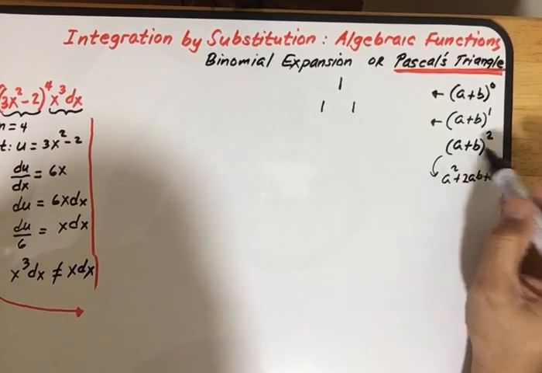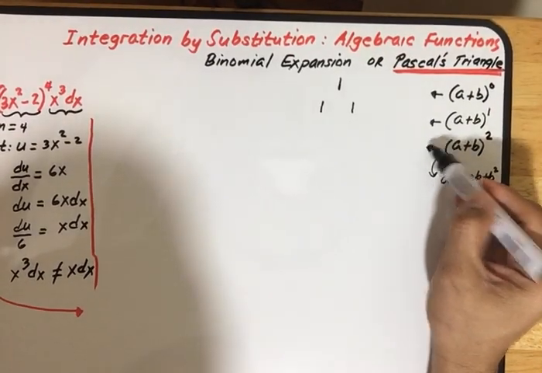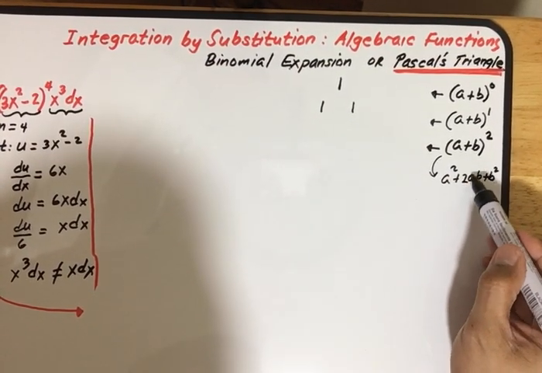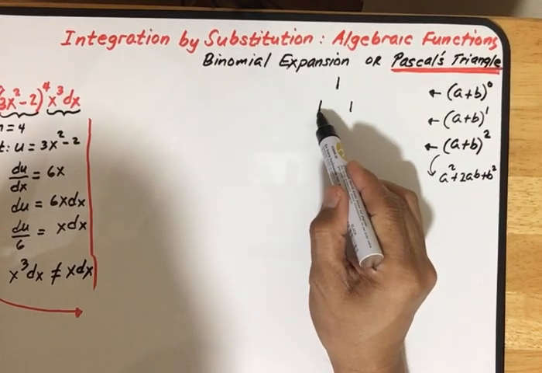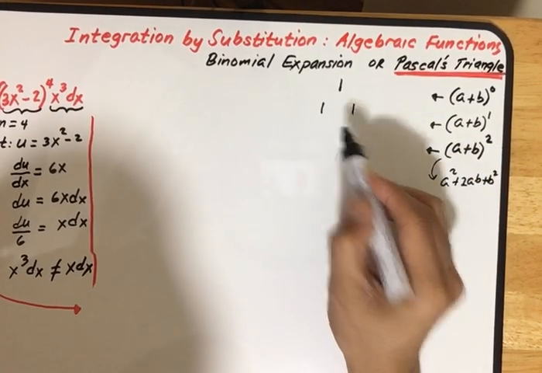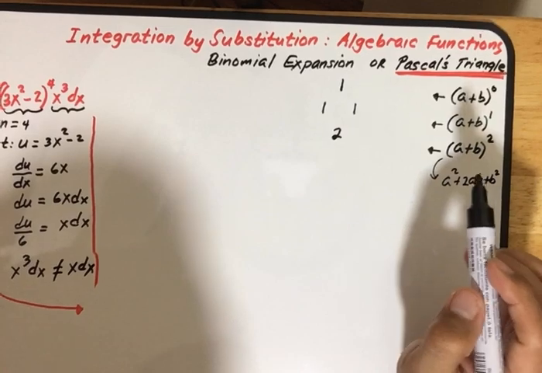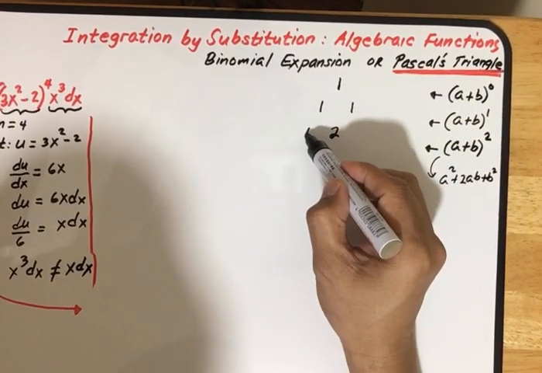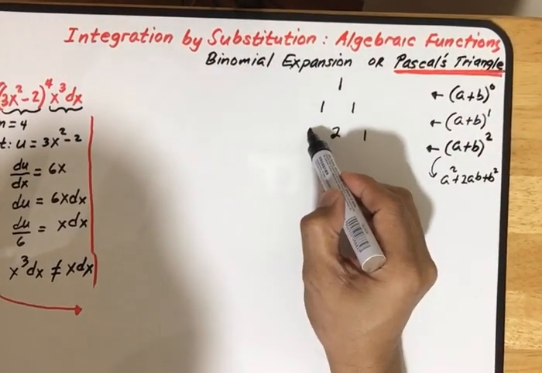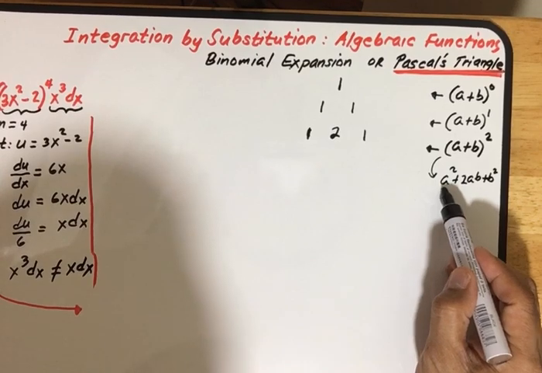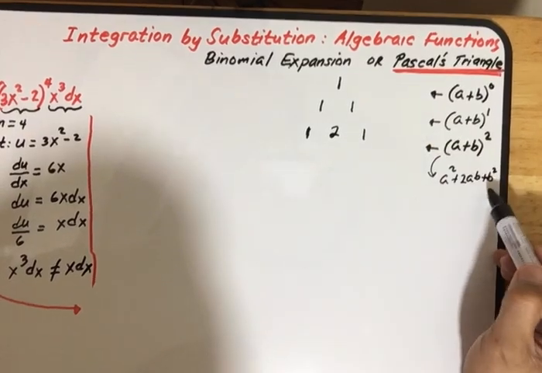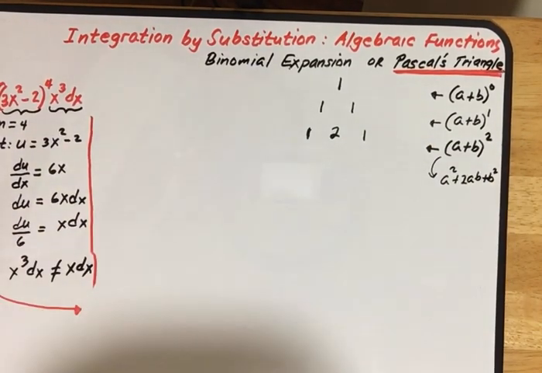In Pascal's triangle, the coefficient of a squared is 1, and in the middle is 2. This 2 is just the sum of the previous 1 plus 1, and then you put 1 on the left and also 1 on the right. So 1 here corresponds to the coefficient of a squared, 2 here is the coefficient of the product of a and b, and 1 here is the coefficient of b squared. All right?